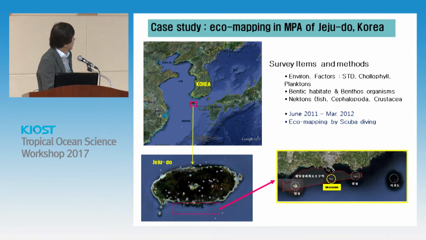So I will show you a case study. We have several MPAs in the Korean Peninsula, especially in very warm places here. Jeju Island has the southern coast MPA. I studied here in 2011 for one year by scuba diving.